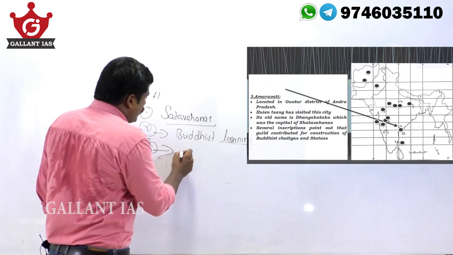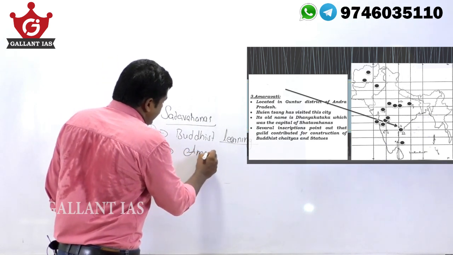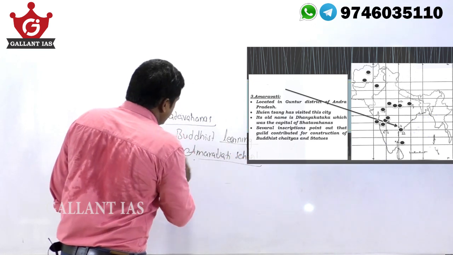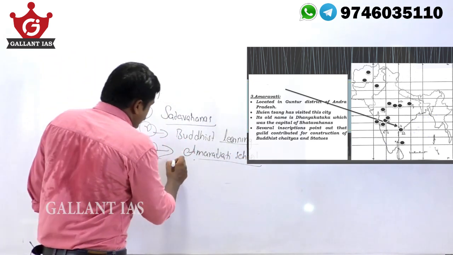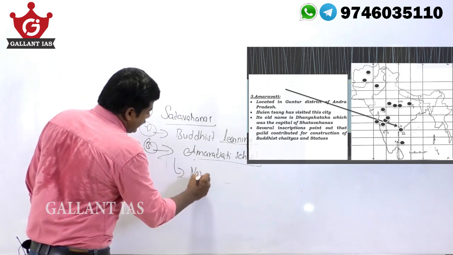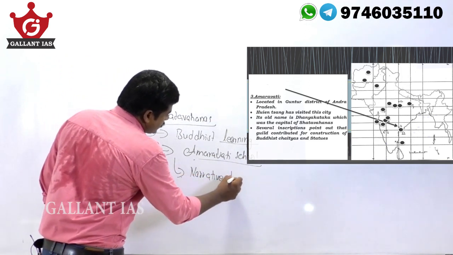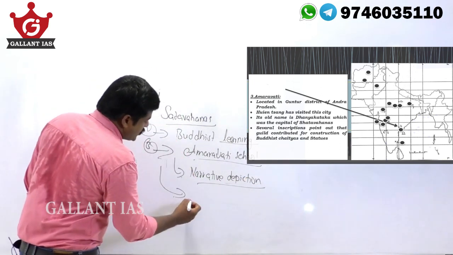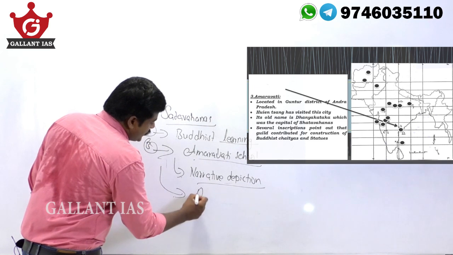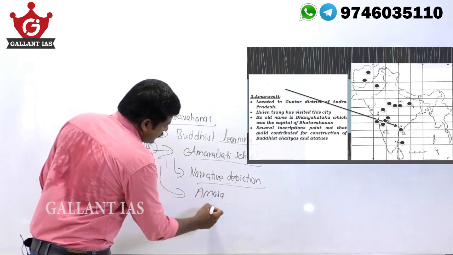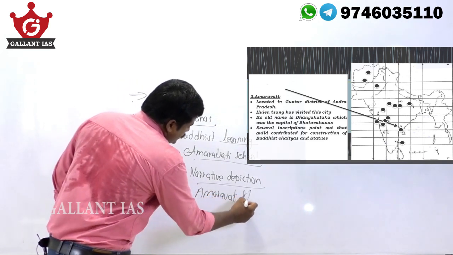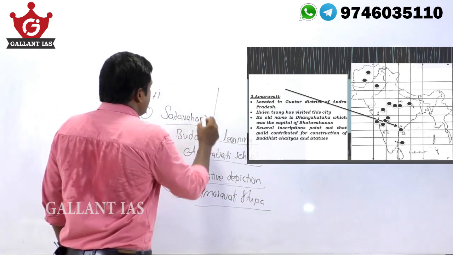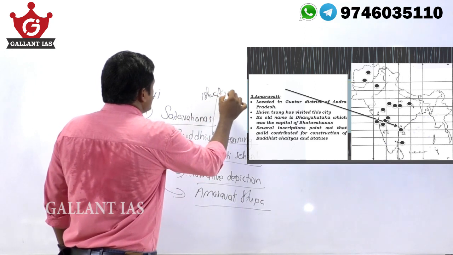Here flourished a very popular art called the Amaravati School of Art, which was known for narrative depiction. We have seen the Amaravati Stupa, one of the older stupas. This center of Buddhism was patronized by the Satavahanas and later the Ikshvakus also.